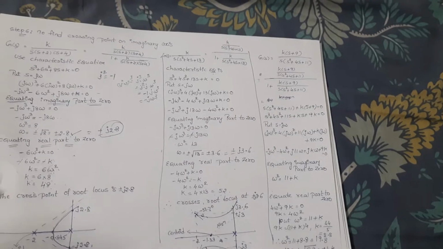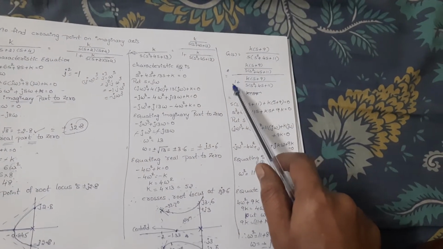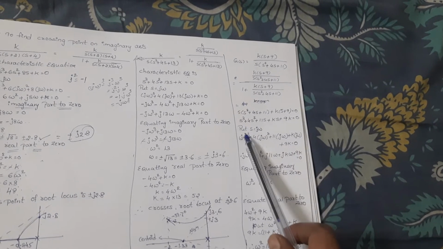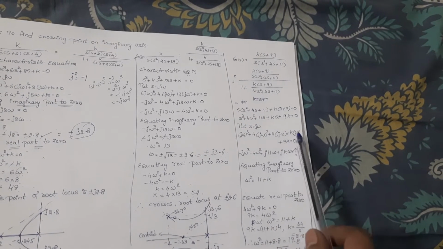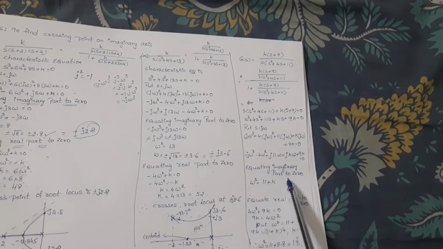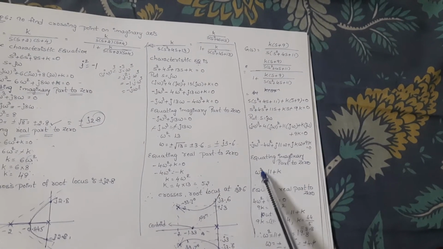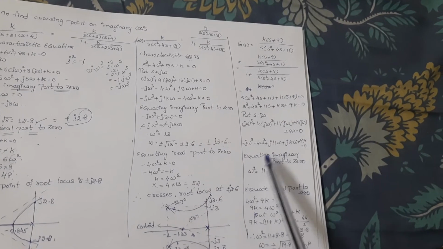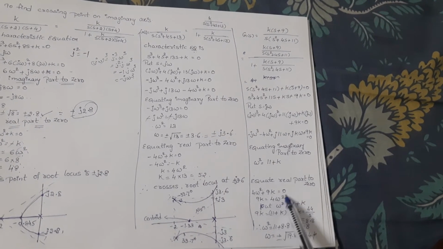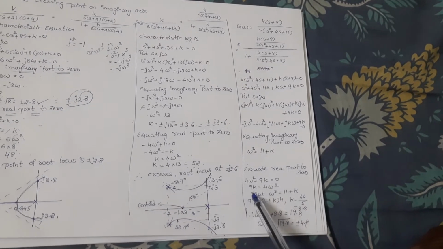That's why I wrote the closed loop equation again here and wrote the characteristic equation, and you have to put s equals j omega, and take the imaginary terms and constant terms separately and determine omega. You have omega square is 11 plus k, so we don't know the k value. So you equate the real part terms, and from the real part terms you get this equation.